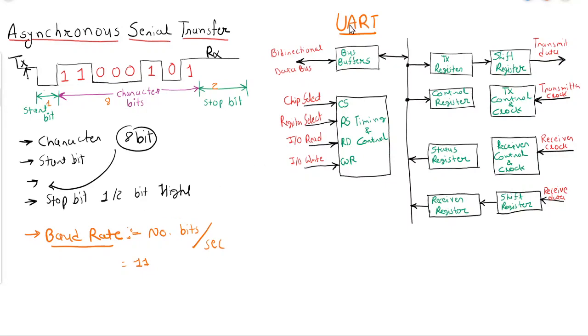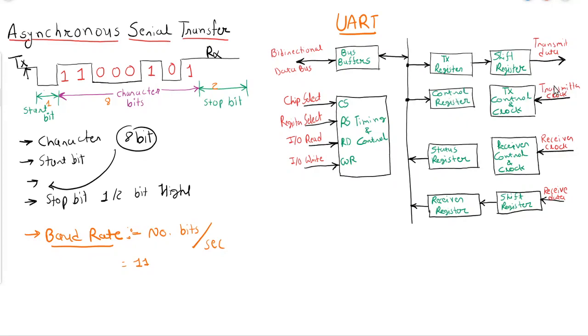Now let us focus on the UART. So what is UART? In the case of UART, first of all, the CPU will initialize the control register. It will set certain details into the control register, and then it will start the transmission.